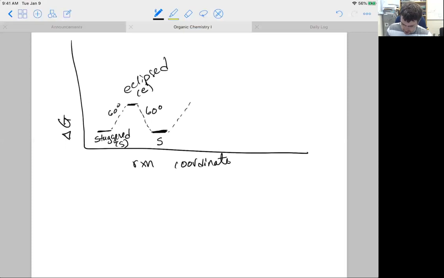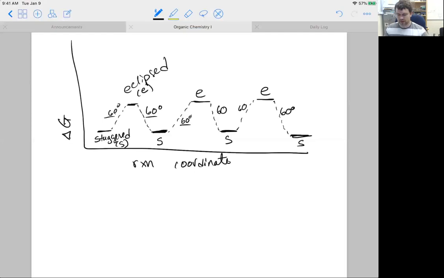Then if we do 60 degrees again, we go to eclipsed, then staggered, then eclipsed. So we're at 60, 120, 180, 240, and then 60 again is 300. And then 60 again is 360.